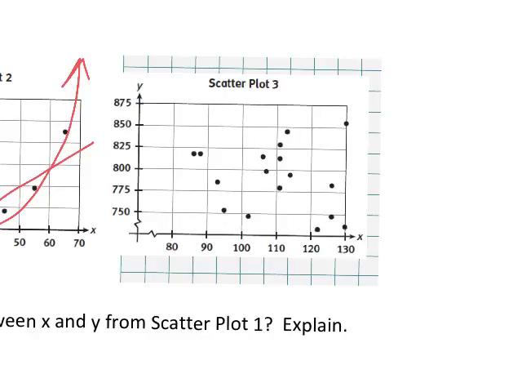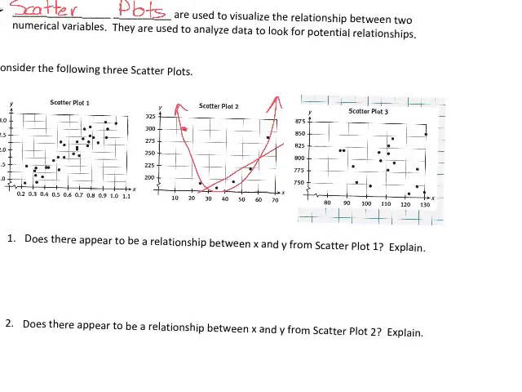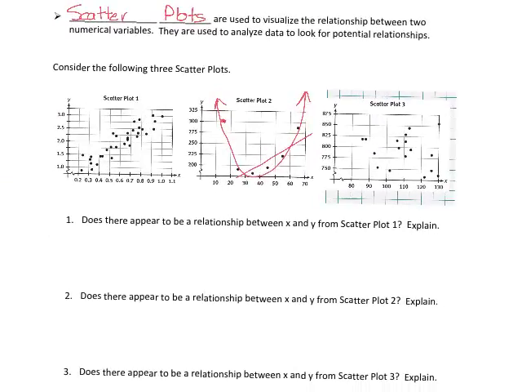I'll be honest with you guys, for the most part, the scatter plots that we're going to look at will either have a linear relationship or no relationship. It starts to get a little more tricky when you're looking at a quadratic scatter plot. So for the most part, we'll be sticking with linear or no relationship at all.